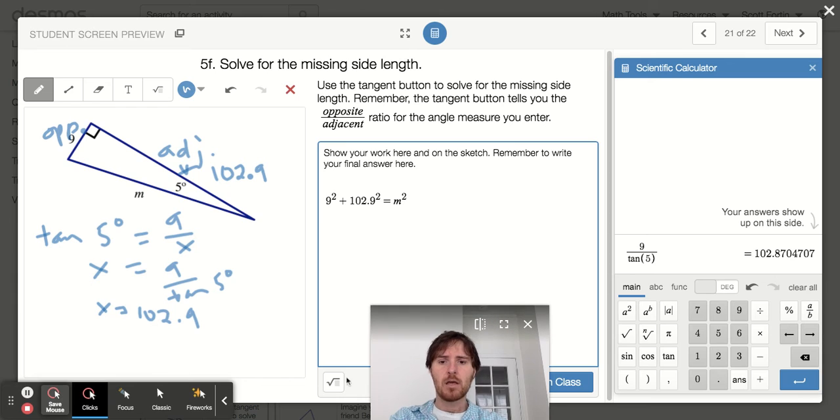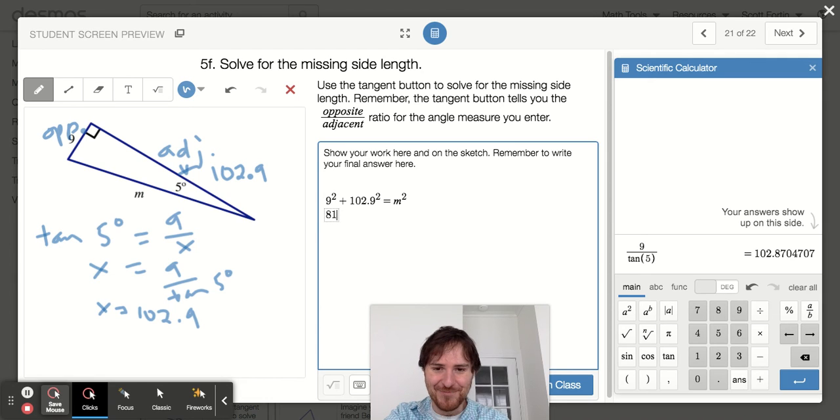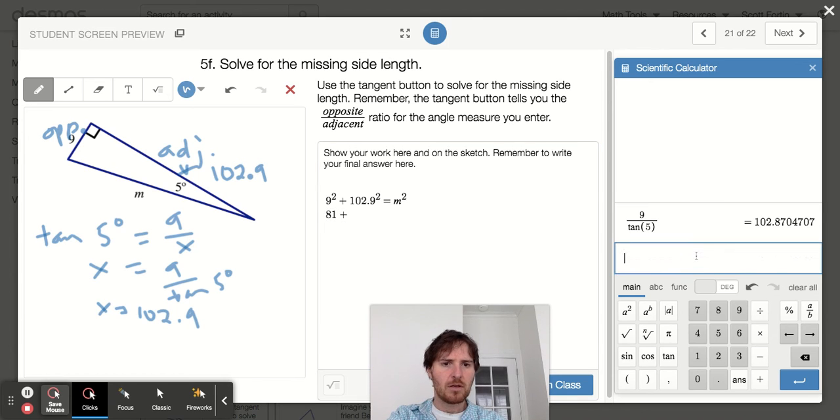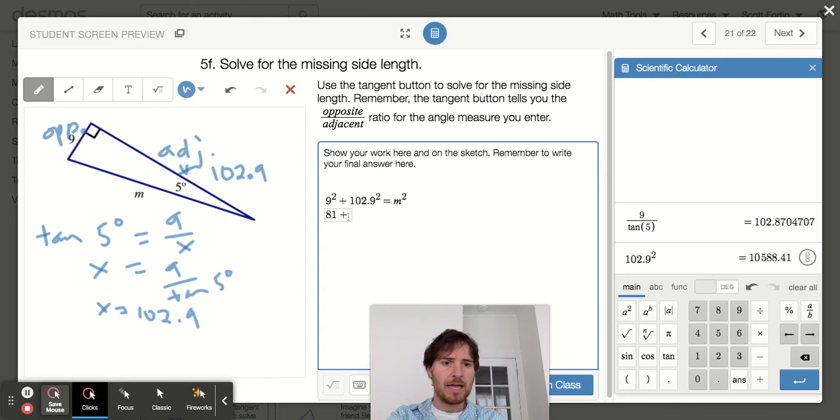That's 81. 102.9 squared, I don't think so. I don't think you can do that in your head, or else you're in the wrong class. But anyways, let's get rid of this here. Put a new row here. So 102.9 squared is this big old number, okay? And then that's going to be 10588.41 equals m squared.